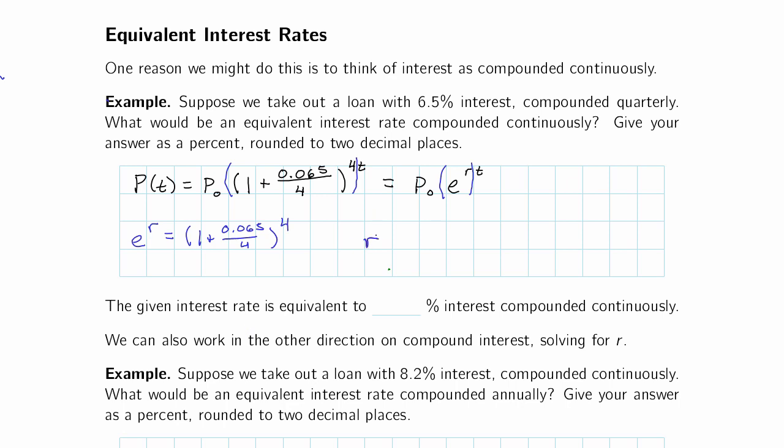So then r is going to be the natural log of that expression, (1 plus 0.065 over 4) to the 4th. And again, we could use the log of a power rule to pull that 4 out, or we could just plug this into our calculator as we see it. Since 4 is not too bad, I'm just going to throw it in as we see it.